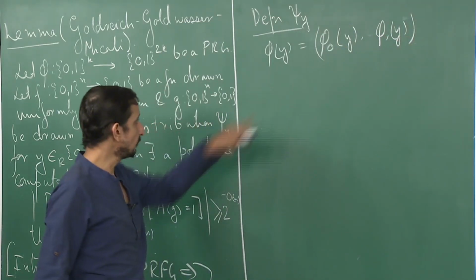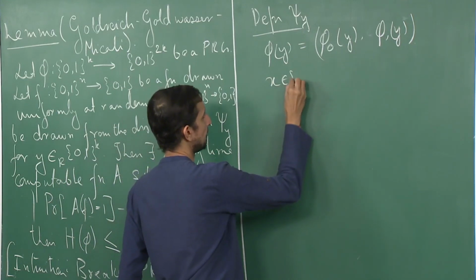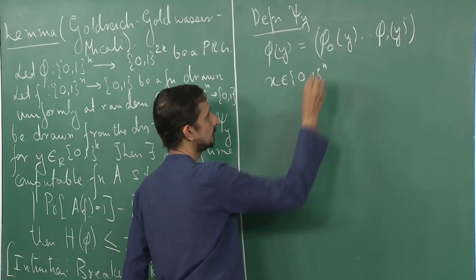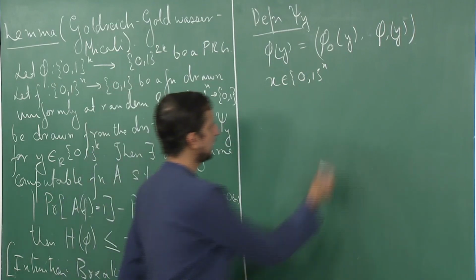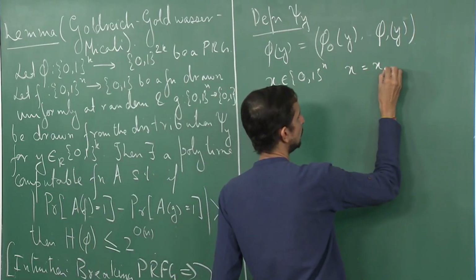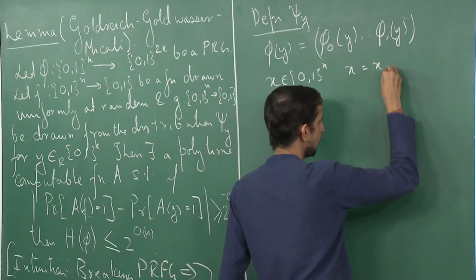And now given any x belonging to {0,1}^n, let's say that x is equal to x1 up to xn.